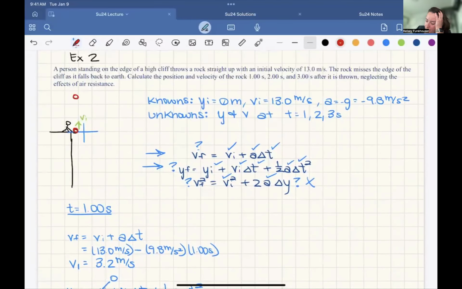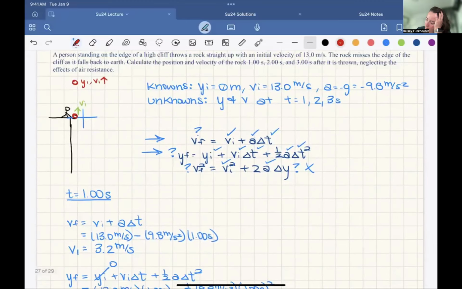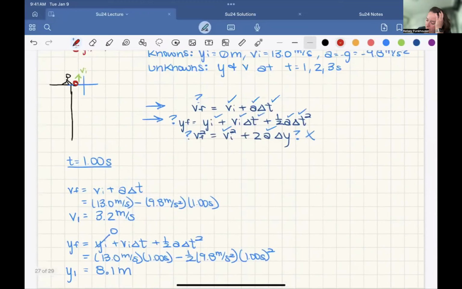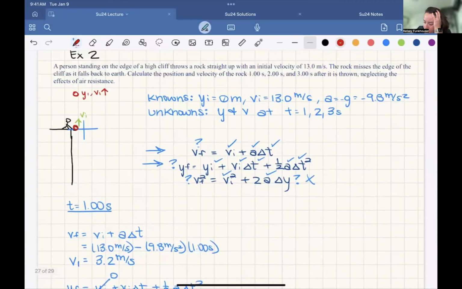So let's say this is y1, v1 is pointing up. And then for position 2, it's going negative 6.6 meters per second. So it's moving down. It's only at 6.4 meters, so it's still above 0. So y2 is something like this. And then v2 is going to be down.